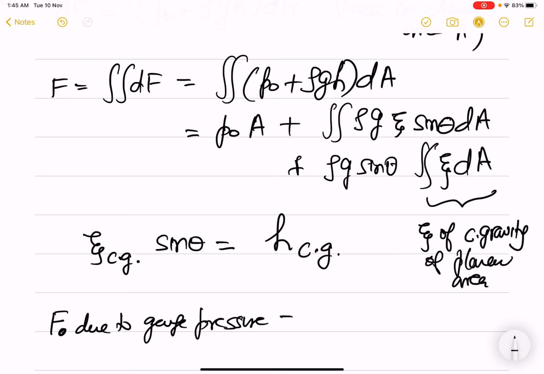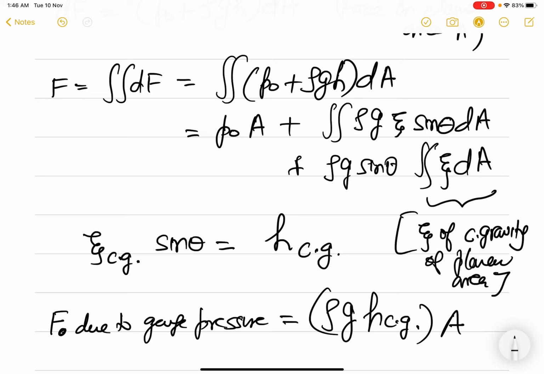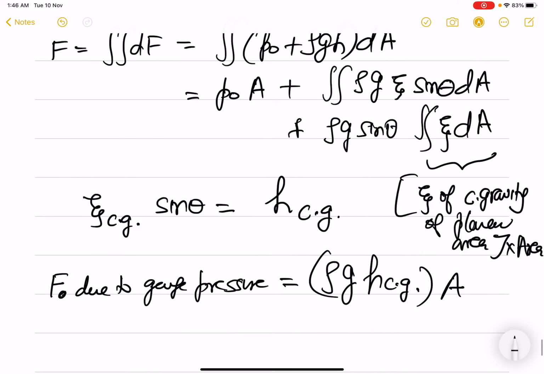Actually I should have multiplied this by area, because the integral of zeta dA gives us zeta of the center of gravity multiplied by area. I had missed this earlier, so please include it also.